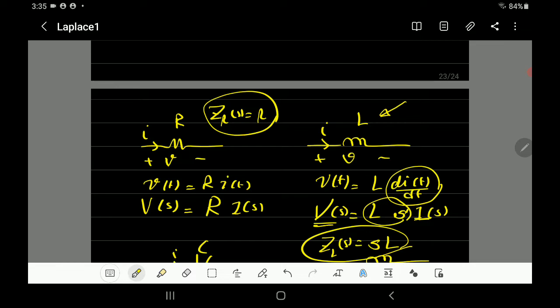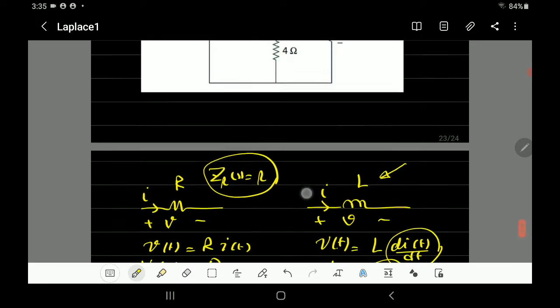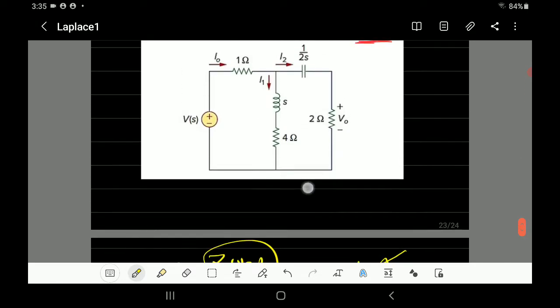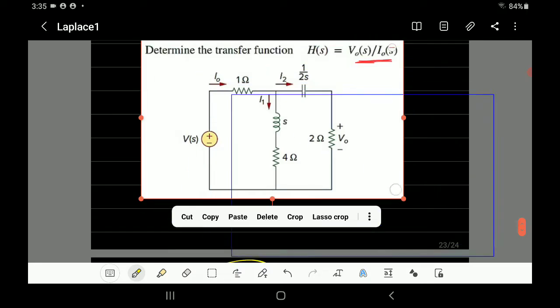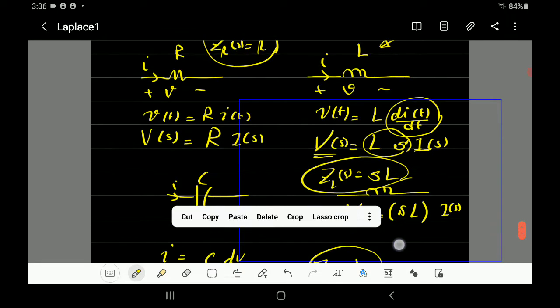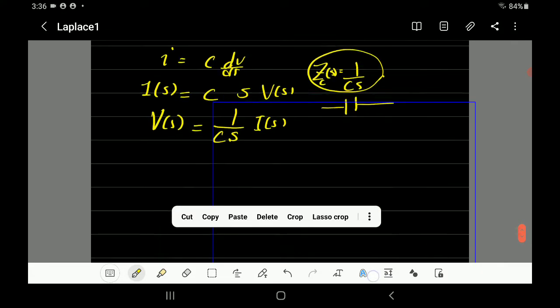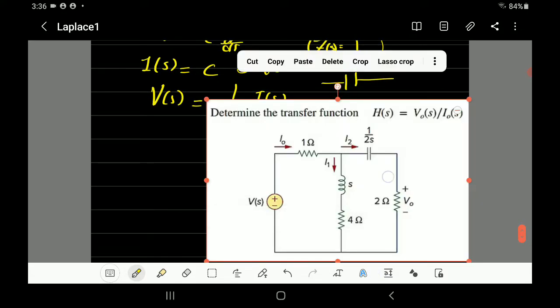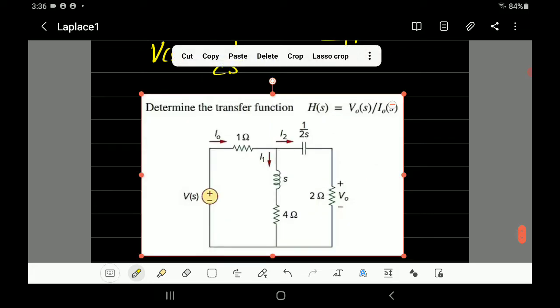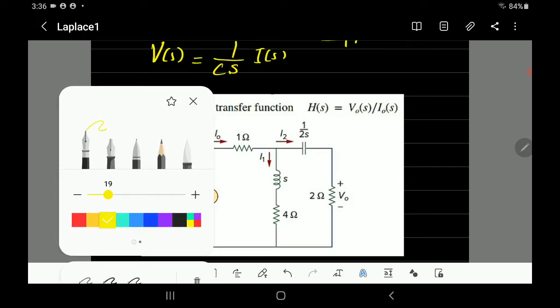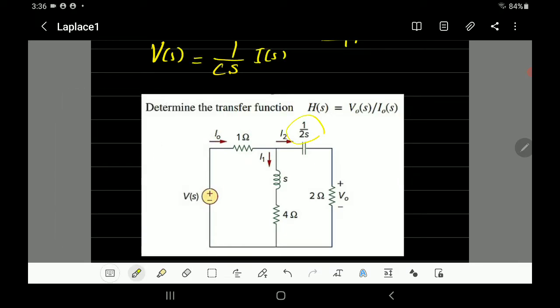Having said that, we can now find the equivalent of the circuit in the s domain. So let's go ahead and move it here. The 2 is still the same, and that's the capacitor as you see it, 1 over 2s, and that's sL, equal to s, and that's the 4.